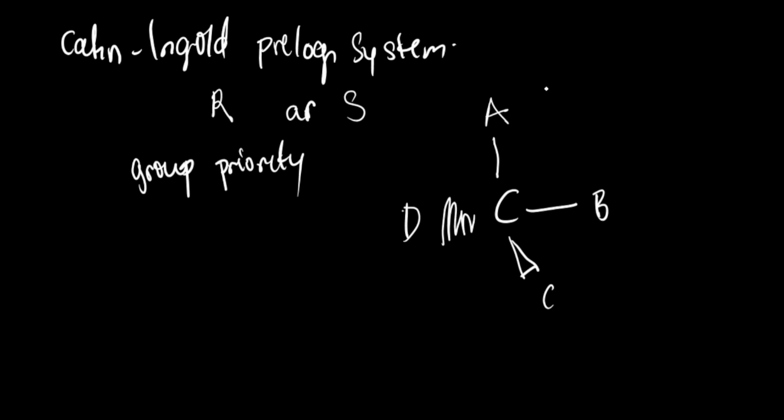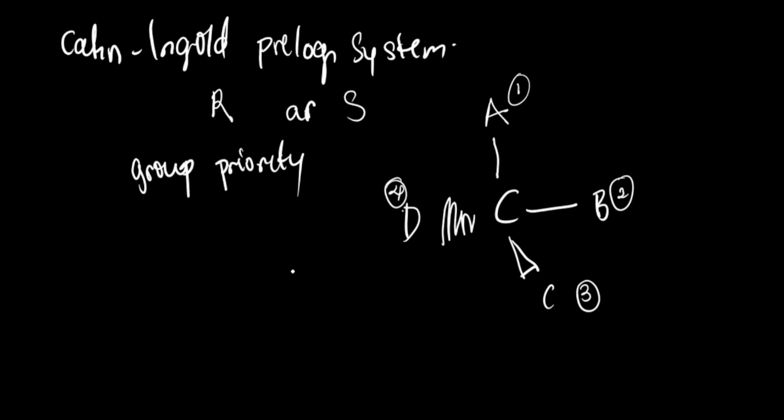A comes first, so it has priority number 1. Remember that when we're considering actual molecules, we're considering the atomic number. So A has priority 1, B has priority 2, C has priority 3, and D has priority 4.